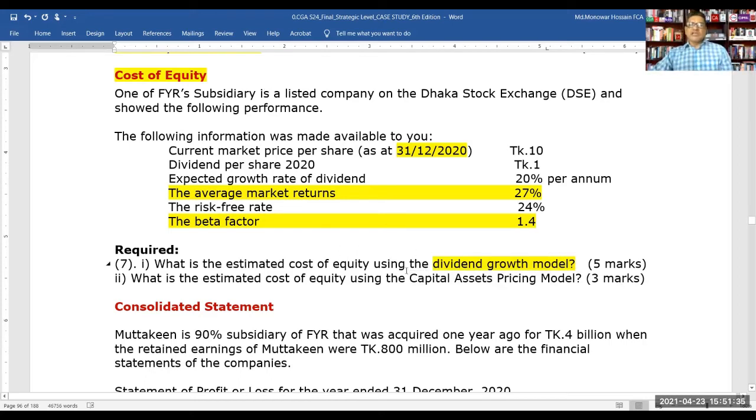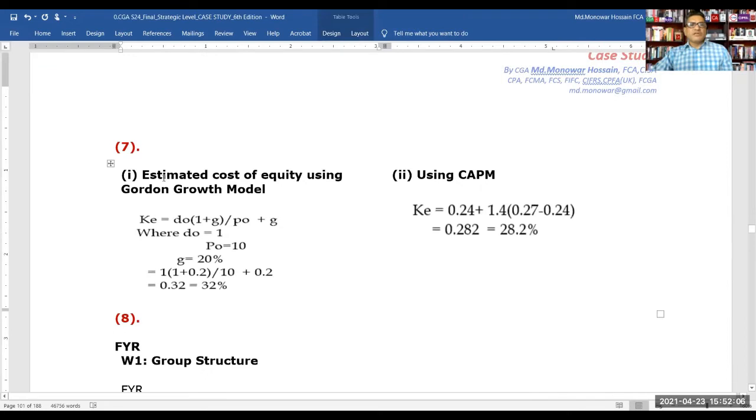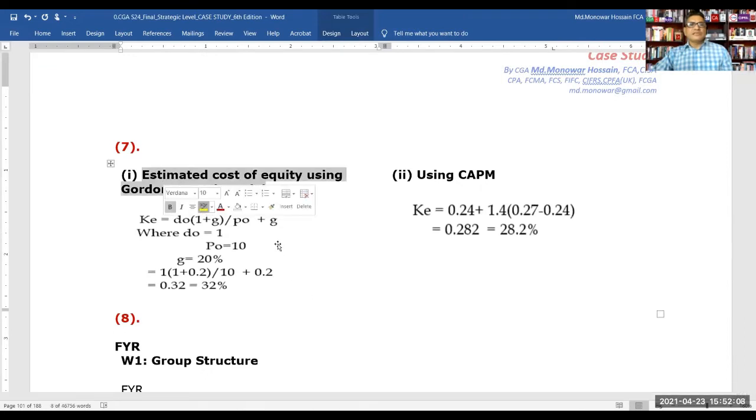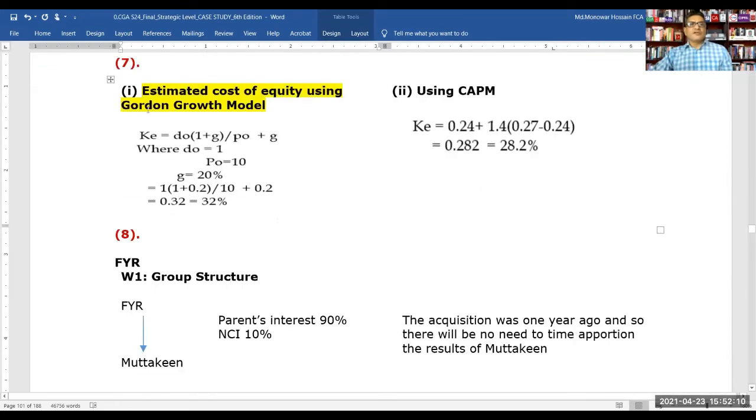So there are two calculations here: the cost of equity using the dividend growth model and the cost of equity using the CAPM model, because here the beta, risk-free rate and market return are all given. For the calculation, the formula for the dividend growth model is D1 divided by P0 plus g.